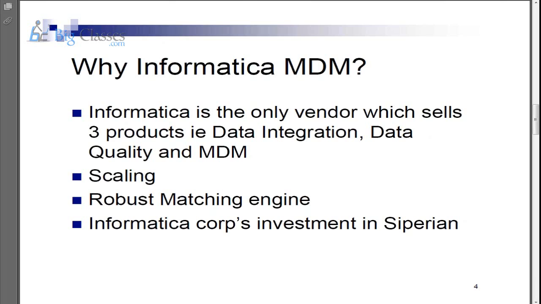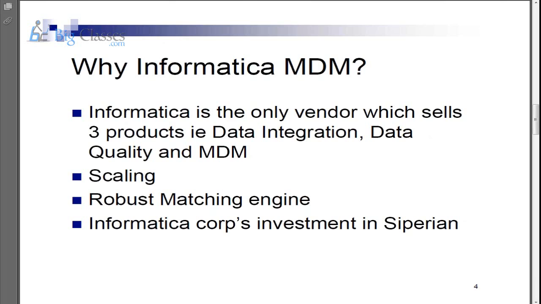It means that while we are creating an MDM solution, we'll be able to exploit the features of data integration and data quality to create a robust MDM. So we create a very high performance, very efficient MDM using all of them together. That's one advantage you have.